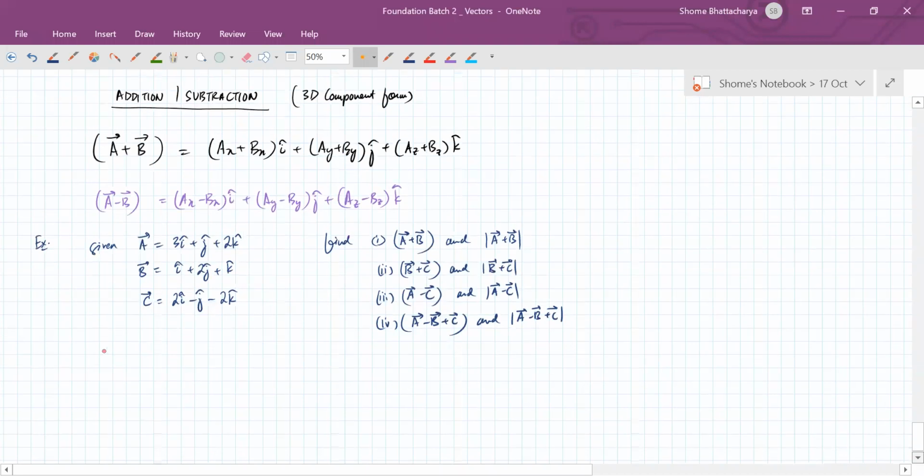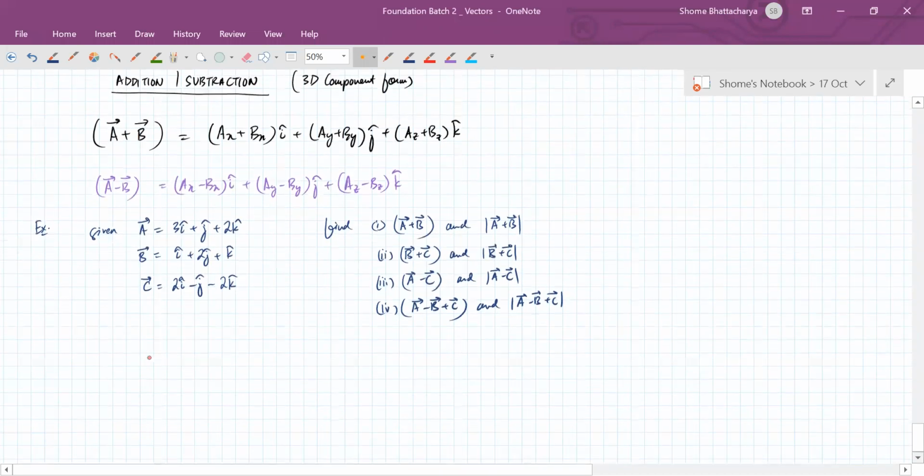So for example, the first part, we want to calculate A plus B. So we'll just add the components of A and B. So 3 plus 1 I cap, plus 1 plus 2 J cap, plus 2 plus 1 K cap. So that is becoming 4 I cap plus 3 J cap plus 3 K cap.